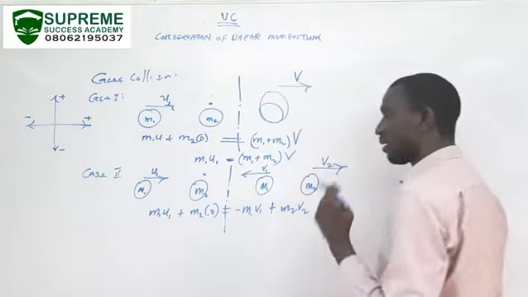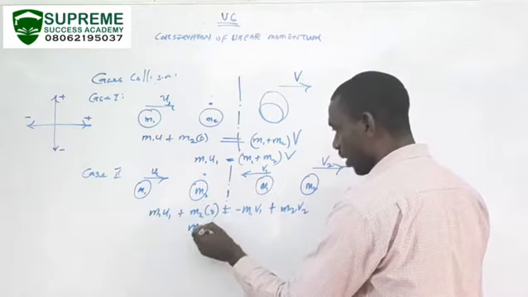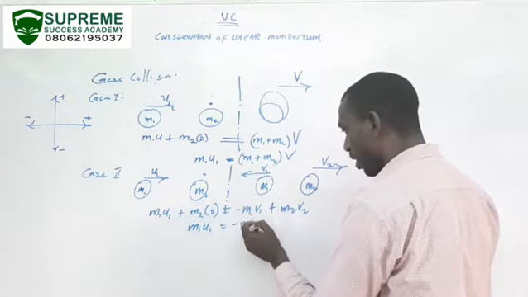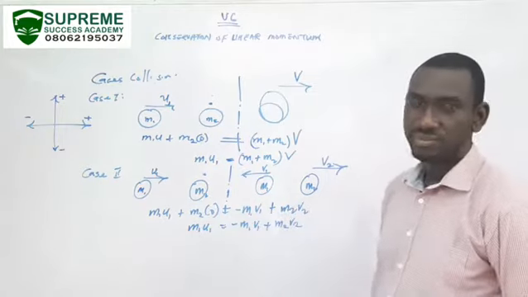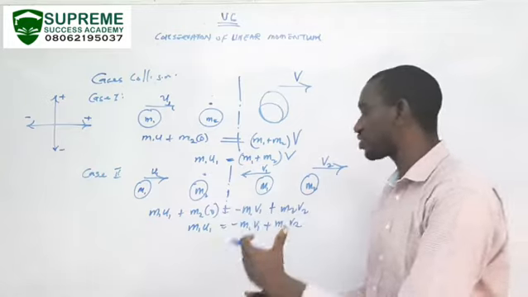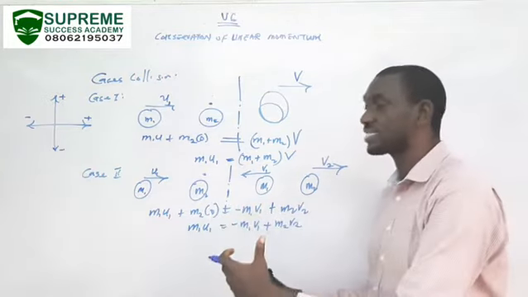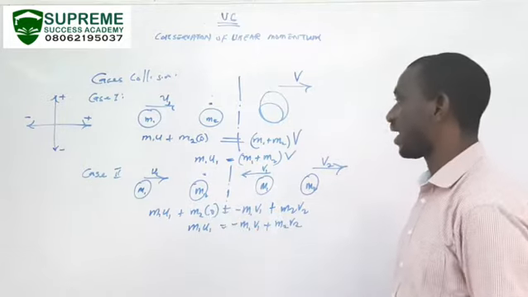It's going to be positive. So you can now modify your equation to become M1 U1 equals minus M1 V1 plus M2 V2. So you just need to understand the concept we are using to know if it is positive or negative, to differentiate between your initial velocity and final velocity.